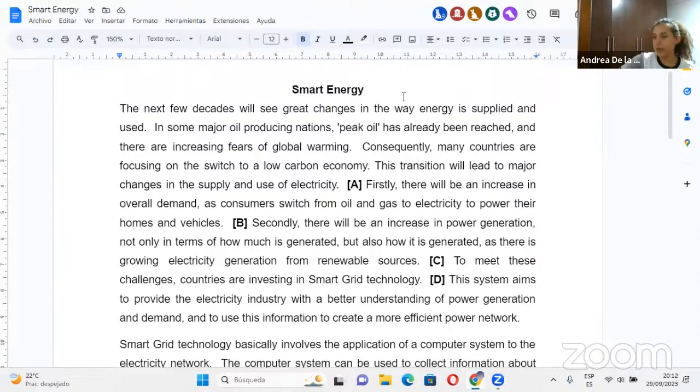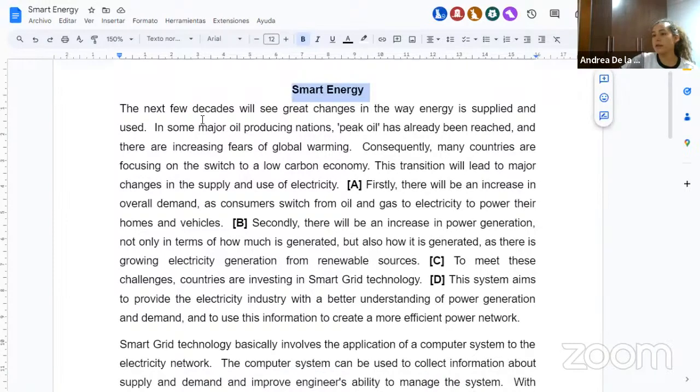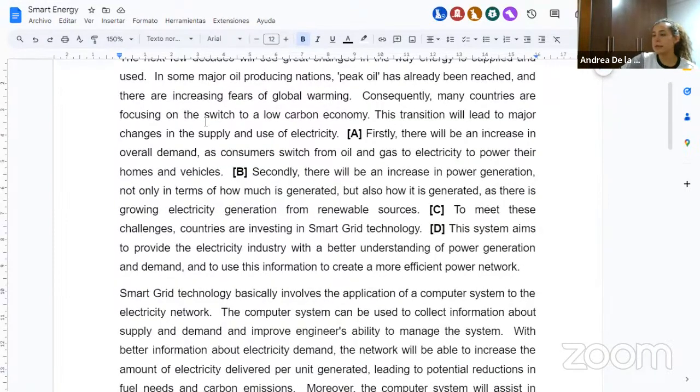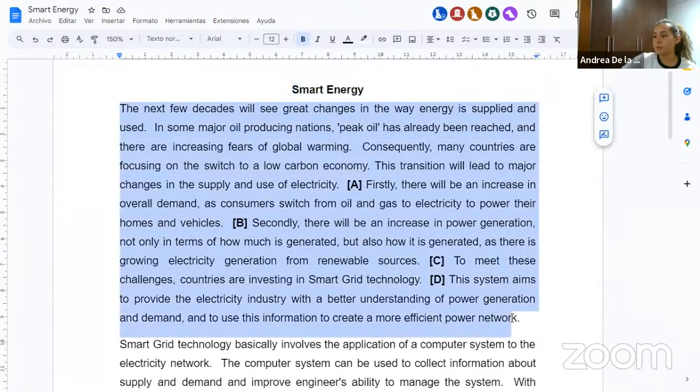Okay, guys. So it says smart energy, right? And each paragraph talks about something else. What is the first paragraph about?